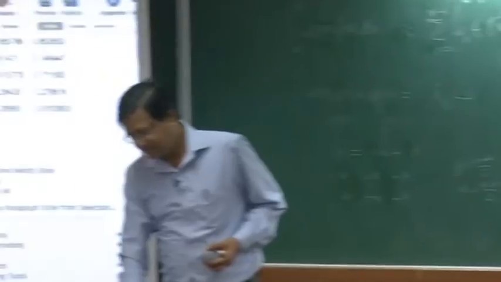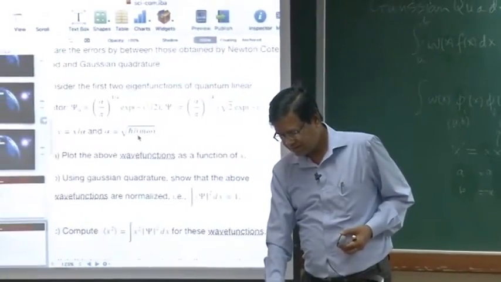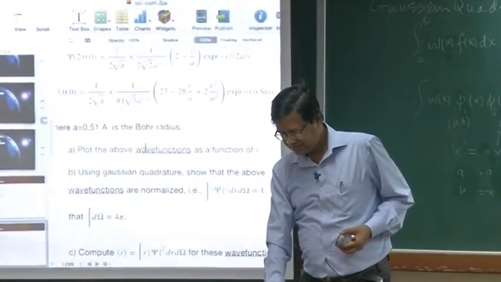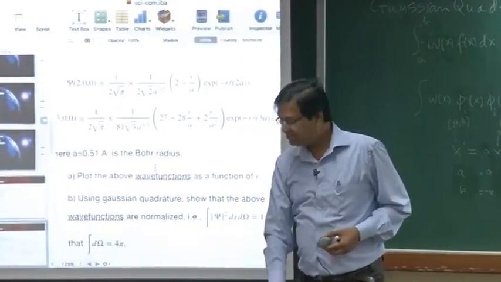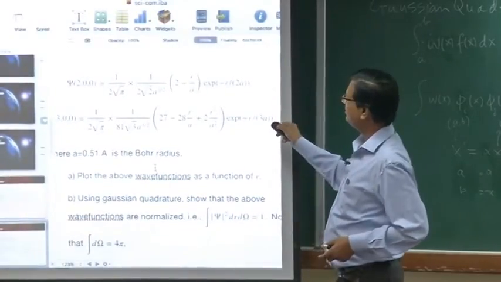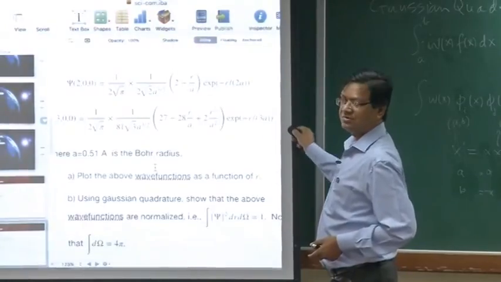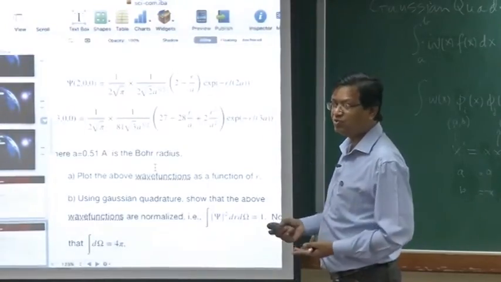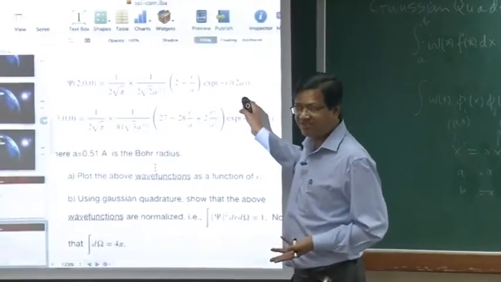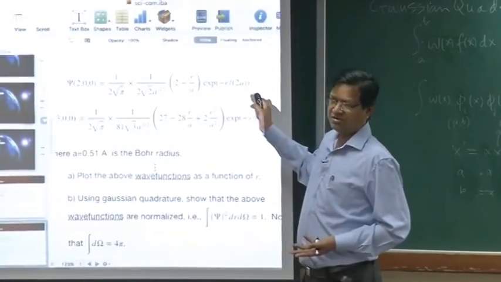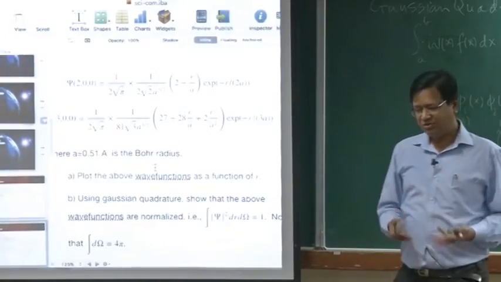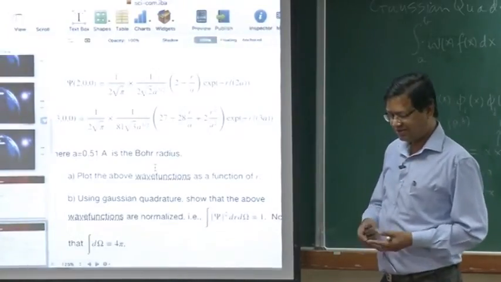In fact, the homework is here. This is one of the hydrogen wave functions. This is my f of r, or if I want the mod square, then I have to square it, but it is again f of r.